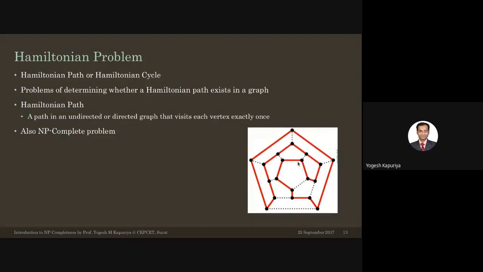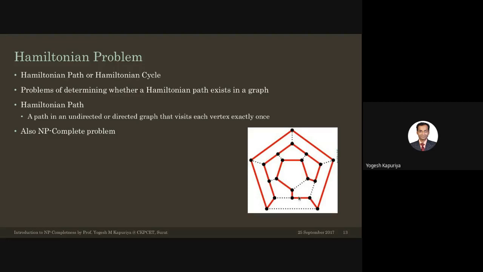So you have been given a graph. Can you find a path in which you will be able to traverse each vertex by visiting them exactly once? It is not always possible for every graph, remember. It may be possible for some graphs, it may not be possible for other graphs.